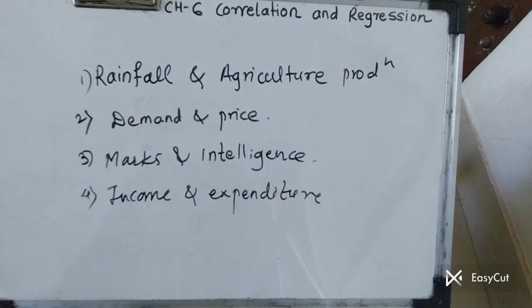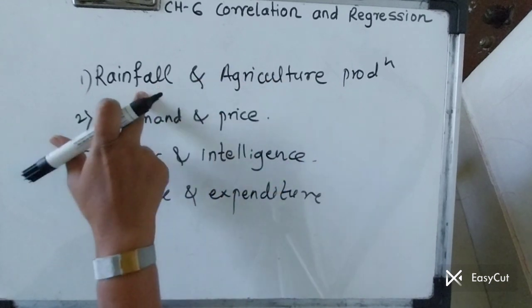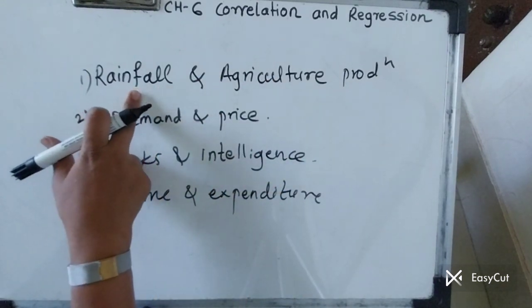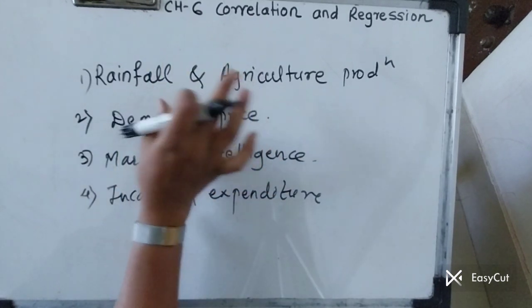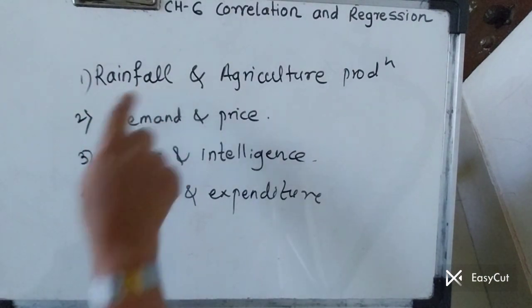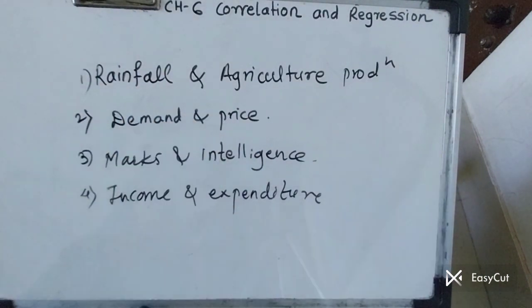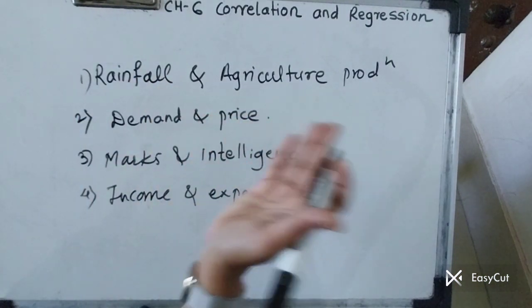What is the correlation? See, if rainfall and agricultural production, if I denote rainfall as x and agriculture production as y, they are interdependent. They are correlated with each other. If rainfall increases, agriculture production decreases.